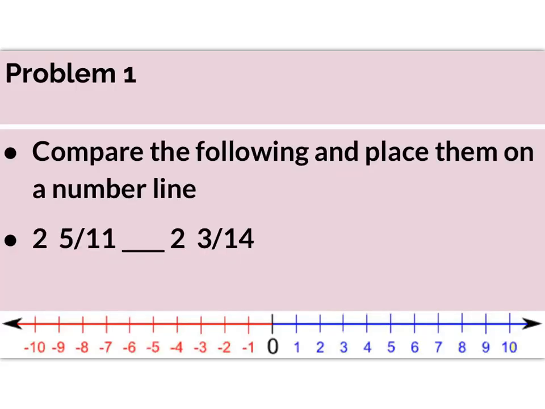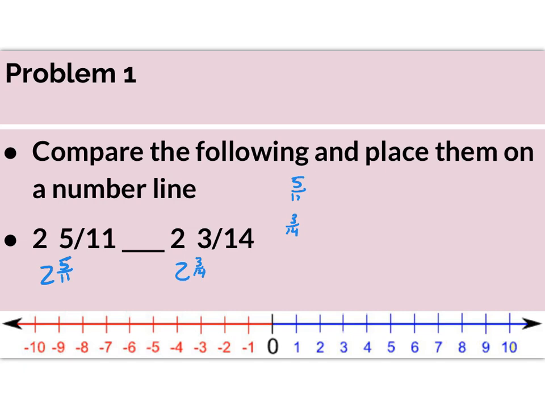Okay, so how do we do with those? So we have 2 and 5/11ths. It's not 25/11ths. And then 2 and 3/14ths. Well, we know we're dealing with 2, so we can ignore that. And we can do the 5/11ths and the 3/14ths. So you can do it any way you want. You can turn them into fractions. And 5 divided by 11.